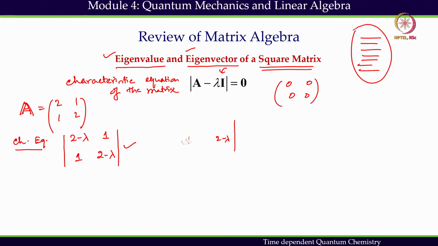This is going to be 0. This determinant has to be 0. I will get a 0 matrix, so these values will be 0. So, how can I get that?